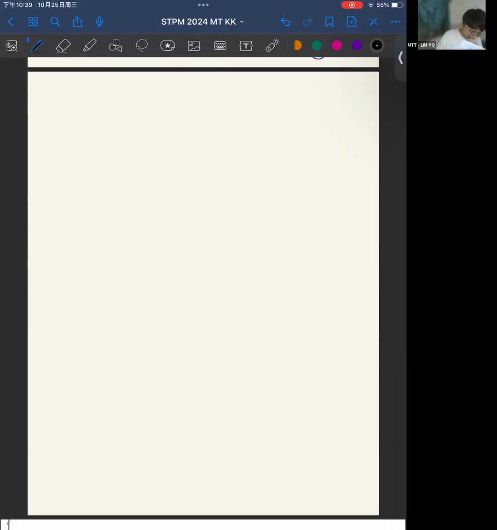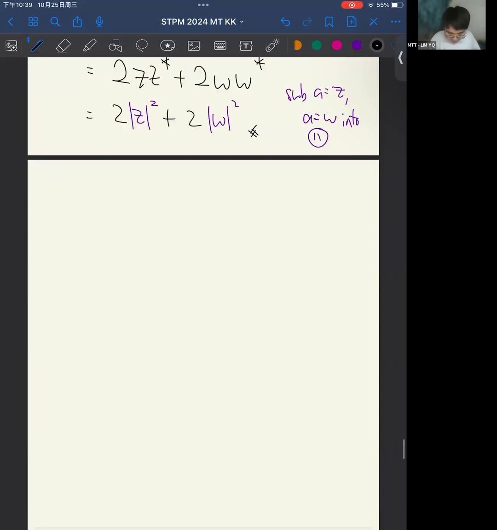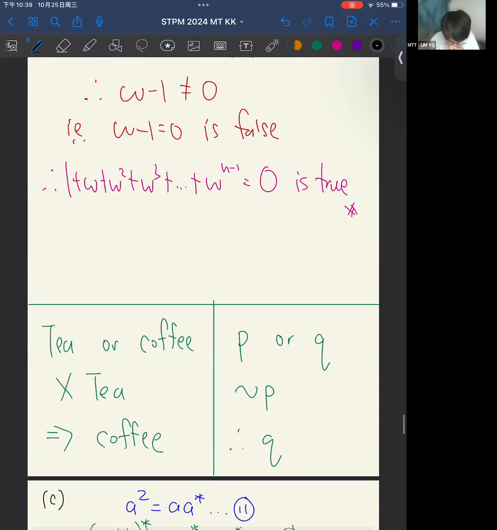Last, sketch Z and W as vectors in Argand diagram.